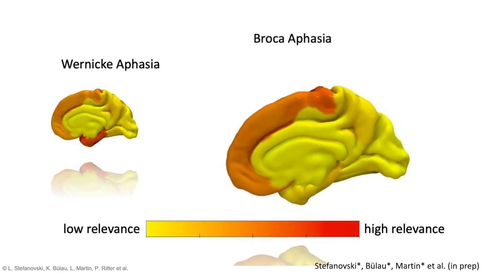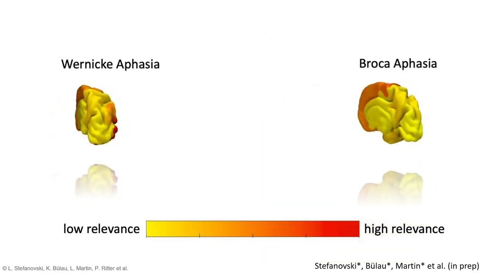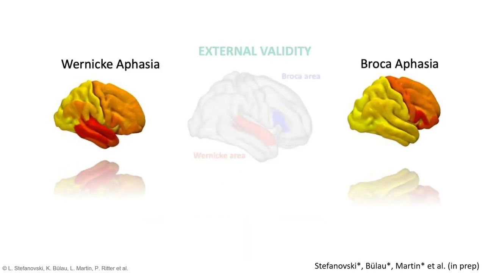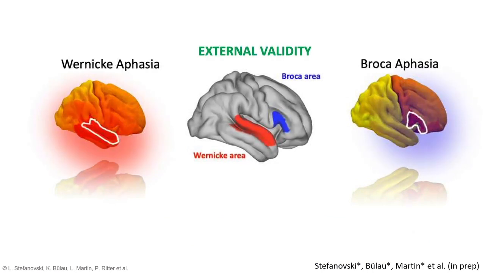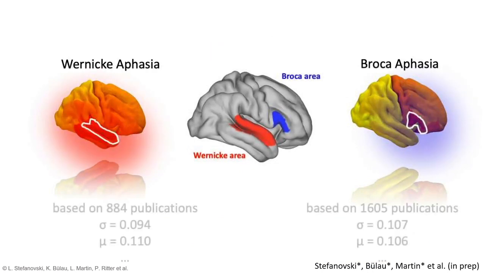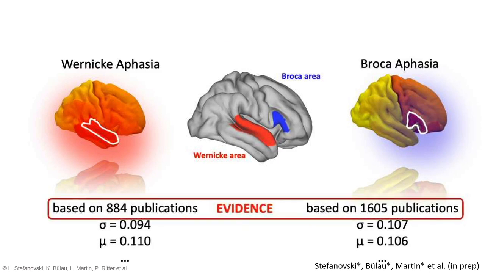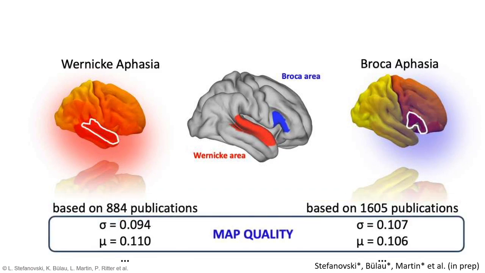But also you can map knowledge, like you see here, the knowledge about Wernicke aphasia or Broca aphasia. So we've written a script and a Python package that maps associations represented in literature to those specific areas of the three-dimensional brain.